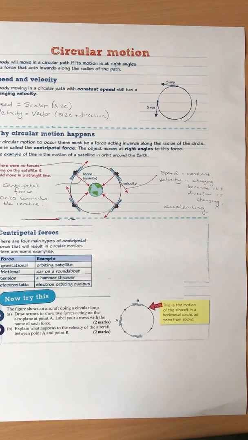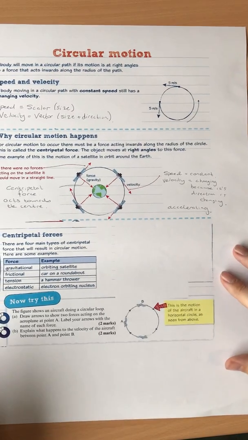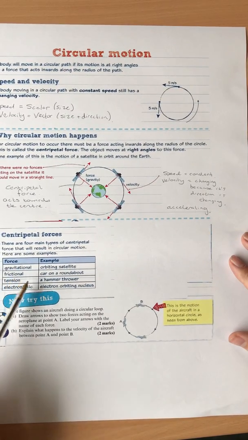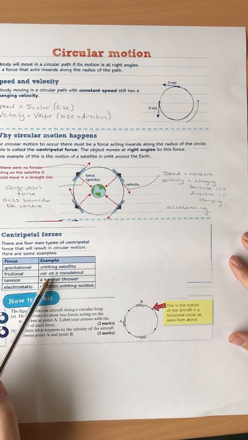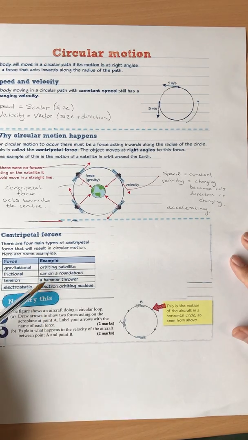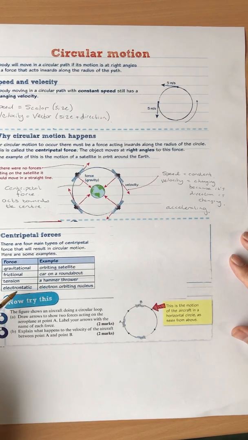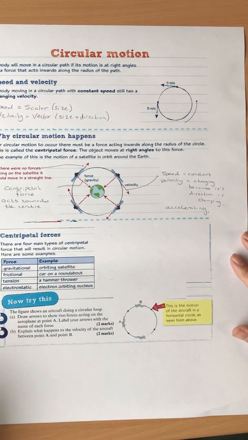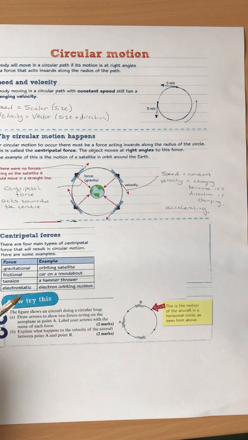Other examples of centripetal forces are friction, which if you think of a car moving around a roundabout in a circle, the force that acts towards the center of the roundabout would be the friction between the car tires and the road. Tension, a hammer throw. A person who's swinging the hammer to let go of it, the rope that holds the hammer would provide a tension force which acts as a centripetal force towards the center.